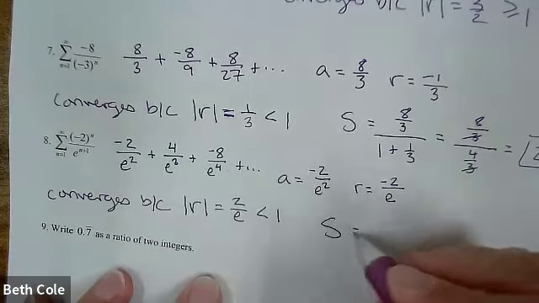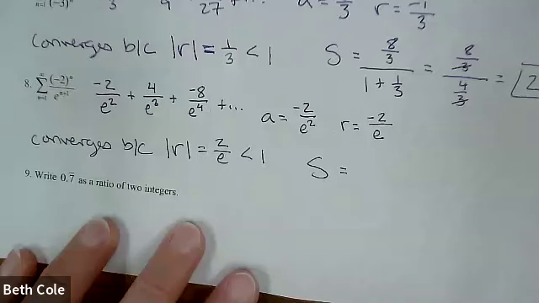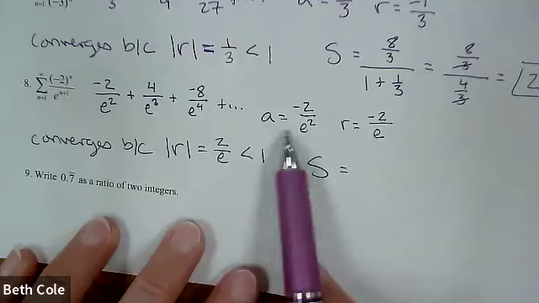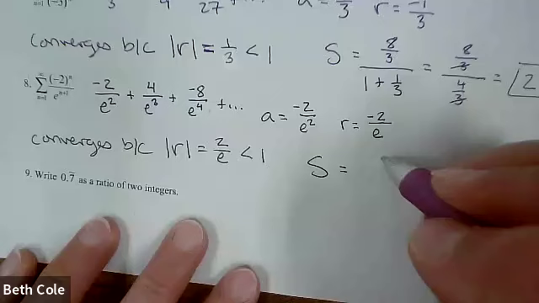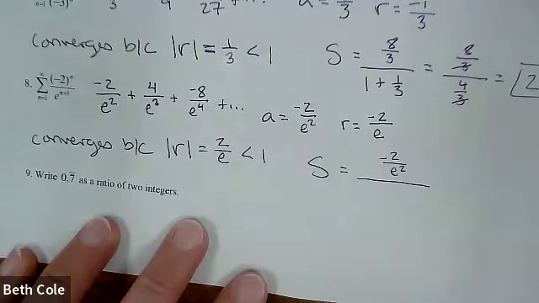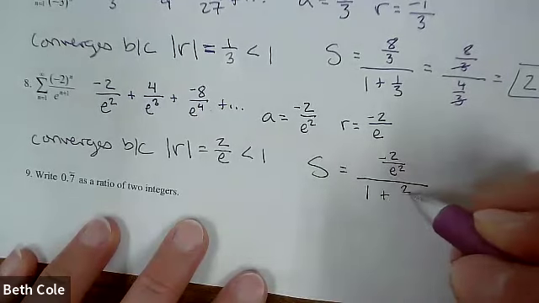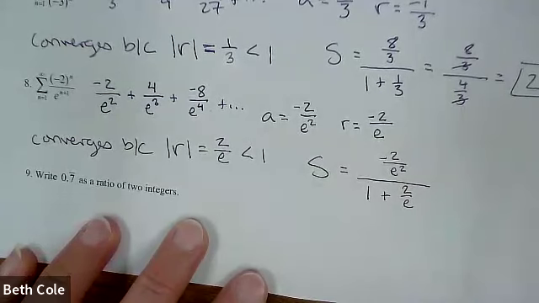And so we can actually get an answer. This one's going to be a little messy. Actually, it won't be too bad. I shouldn't say that. All right, so it's going to be a over 1 minus r. So negative 2 over e squared over 1 minus negative, so plus 2 over e. Here's what I would do.